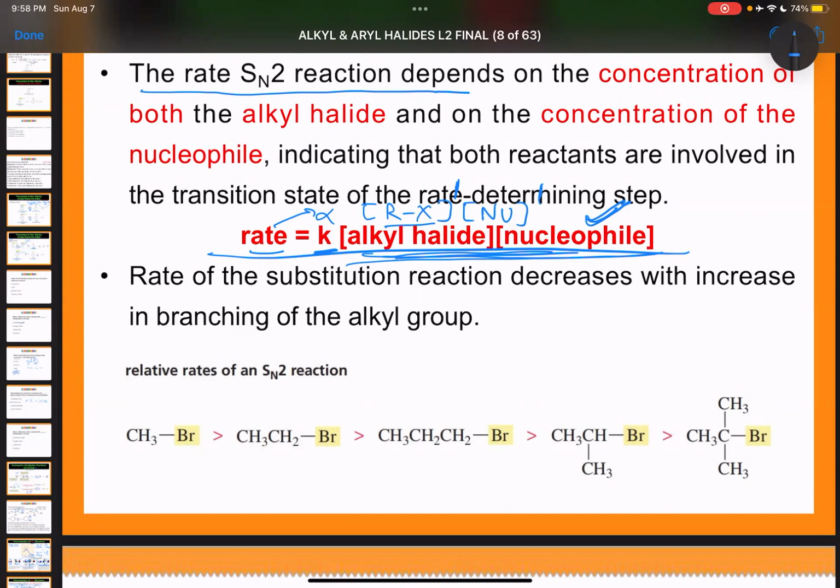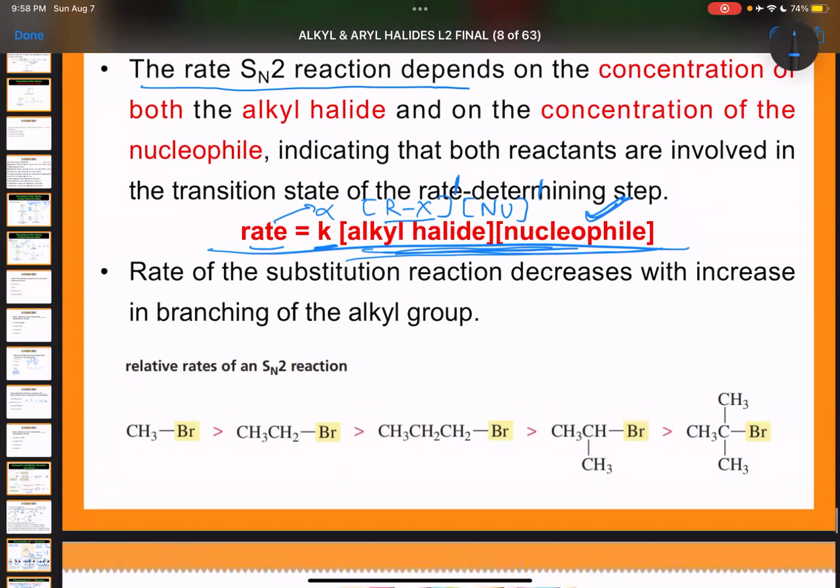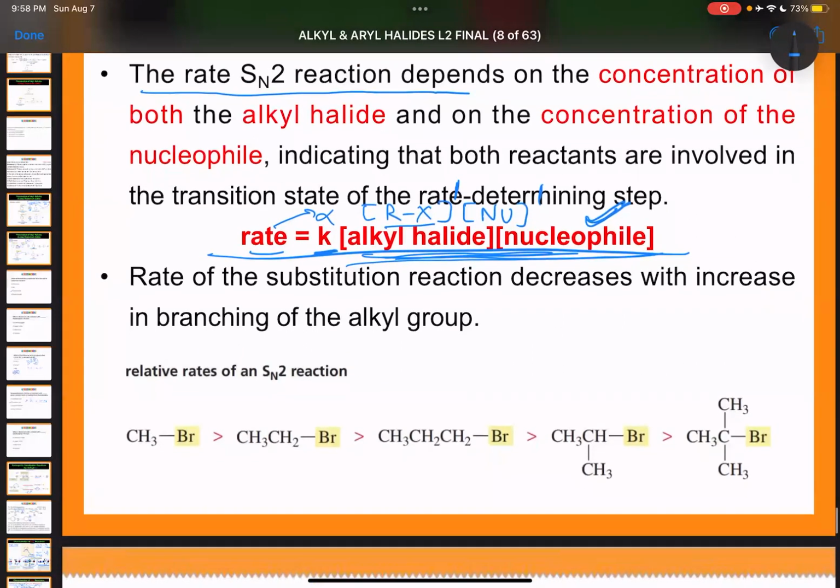In the alkyl halide RX, what that R was, how much branching it had, will tell you whether the reaction is going to happen quickly or slowly. So for the relative rate of SN2, if you have methyl, ethyl, propyl or isopropyl, and this is tertiary butyl, the rate is going to decrease.